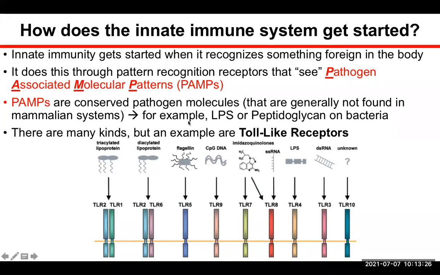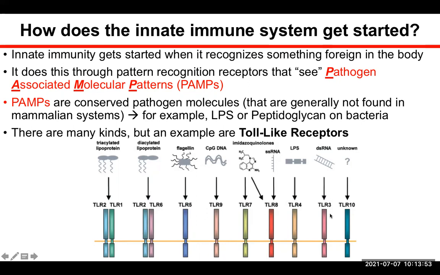And so I have here an example of a type of receptor that is able to recognize foreign pathogens. These receptors are called toll-like receptors. These are expressed on all innate immune cells. And here you can see an example of what exactly this toll-like receptor is recognizing. There's a couple of different families of them.